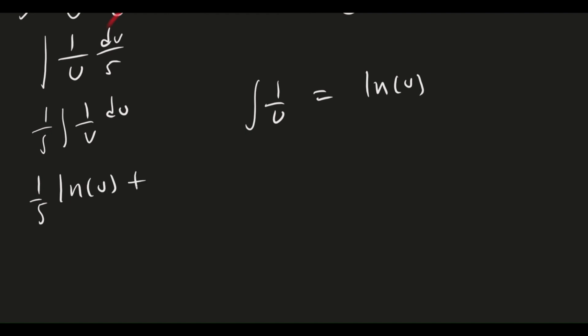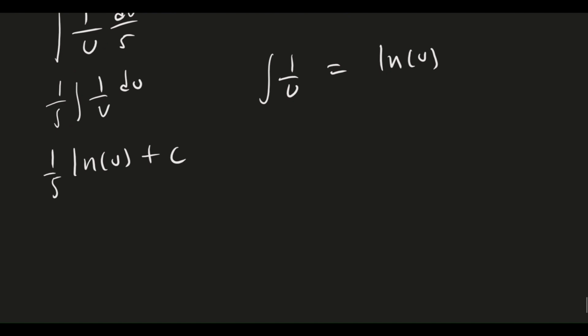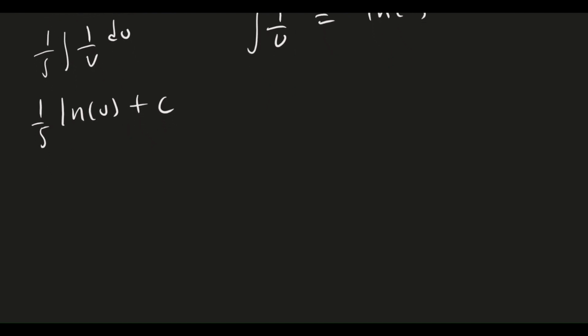We can now substitute the value for u, which is going to give us 1 over 5 ln of 1 plus e raised to the power of 5x plus the constant of integration. So it is necessary that you don't forget about adding this constant of integration.